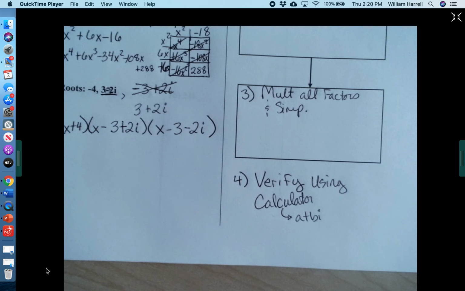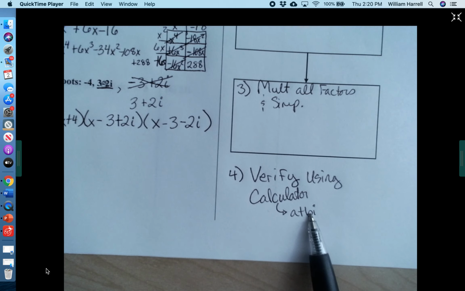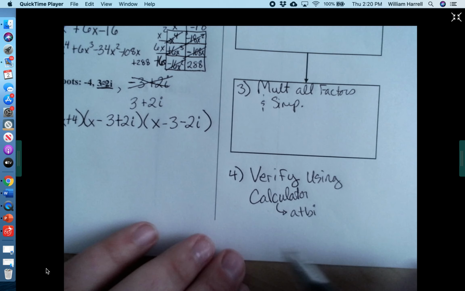The reason I don't like Desmos for this is, one, it won't do imaginary roots or solutions, nor will it give you perfect, exact, precise real solutions that are irrational. Like the decimals, it may round them, which will not appear on your answer, and that's going to be another reason you'll get the question wrong, because of some rounding error. Test makers know this. So verify your work, verify answers given by using a calculator in A plus Bi mode.